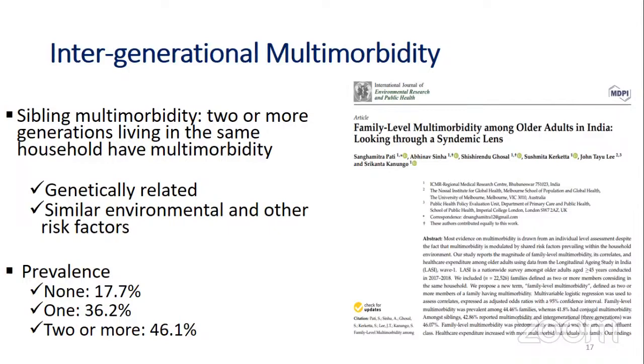In 17.7%, none of the generations had multimorbidity. In 36.2%, at least one generation had multimorbidity, and in 46.1%, two or more of the generations had multimorbidity. So all this suggests that within the household or family, the shared risk factors should be altered so as to prevent multimorbidity.